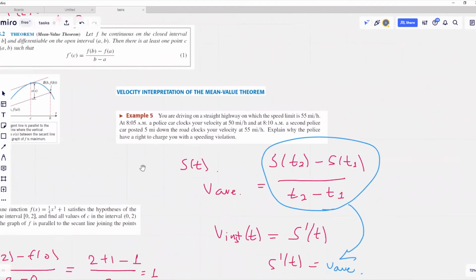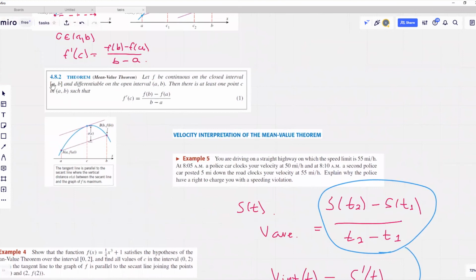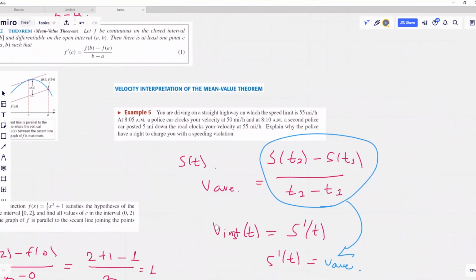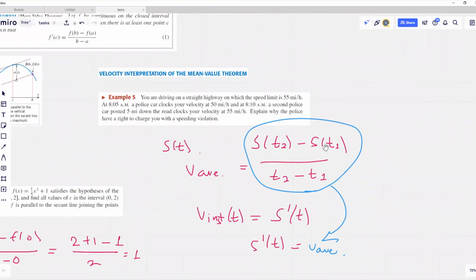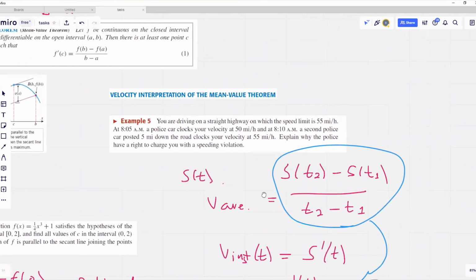So basically, mean value theorem states that if on the time interval from t1 to t2 there is at least one point such that the instantaneous velocity of a point is equal to the average velocity of the point on the interval from t1 to t2, and it's quite a useful property. Let's take a look at the following example.